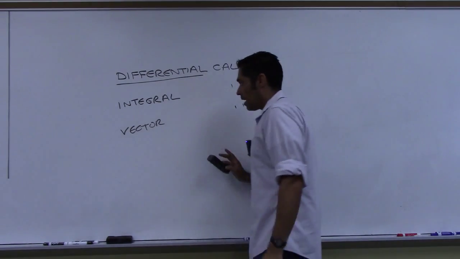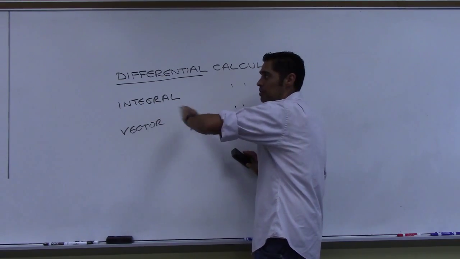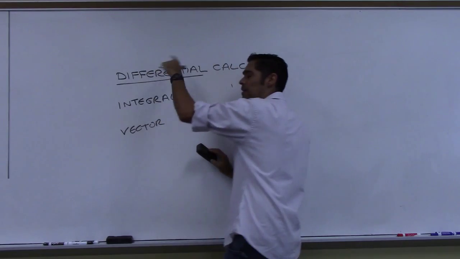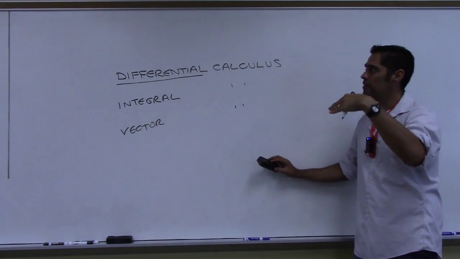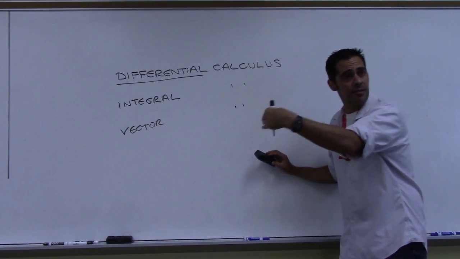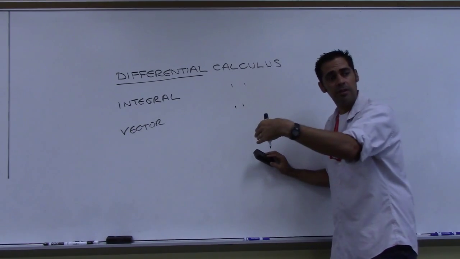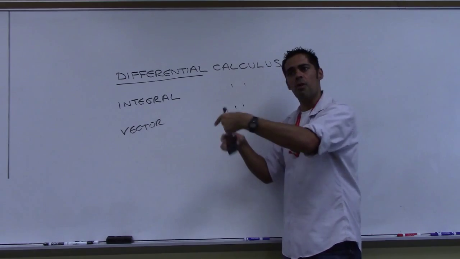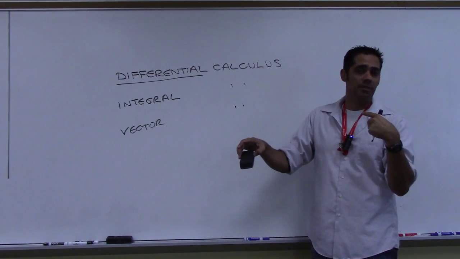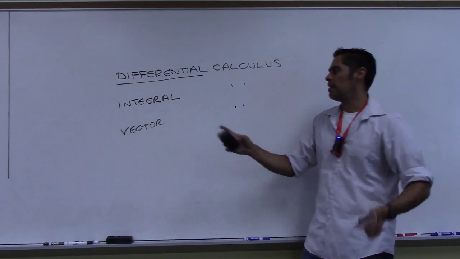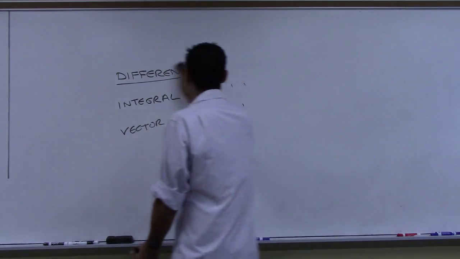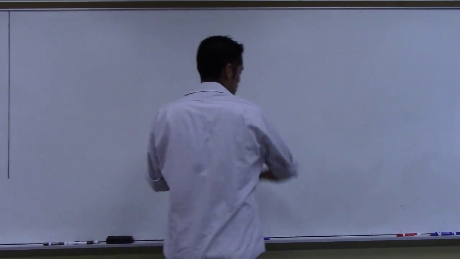In Cal 2, integral calculus, as you'll see if you ever take it, taking a derivative, or differentiating, is a process, a procedure. And in Cal 2, you go backwards. You reverse the procedure, which is much more difficult, and that's called integration, or integral calculus. So FYI.